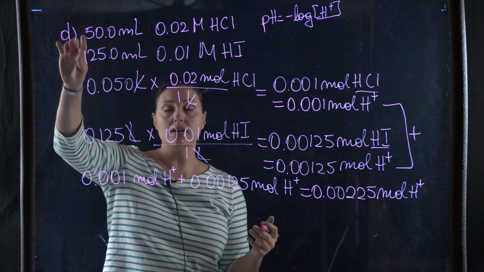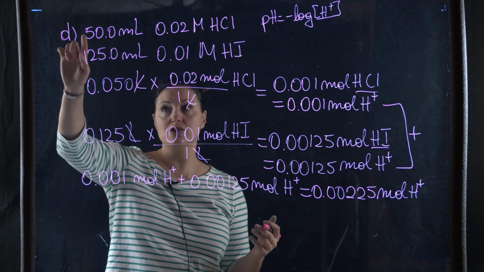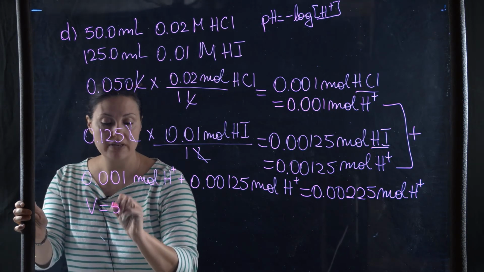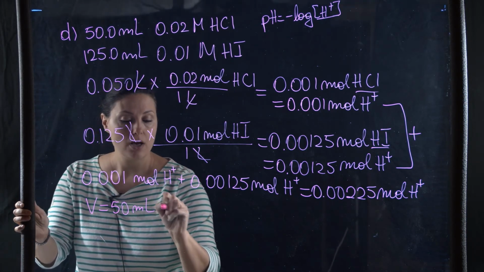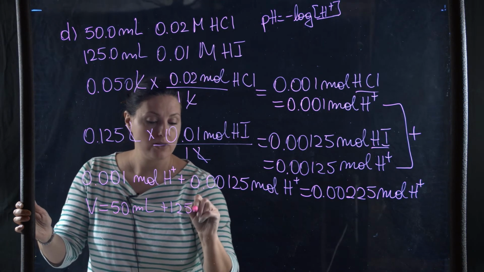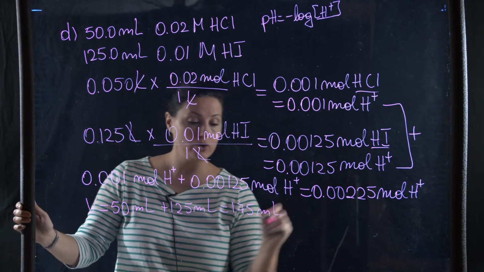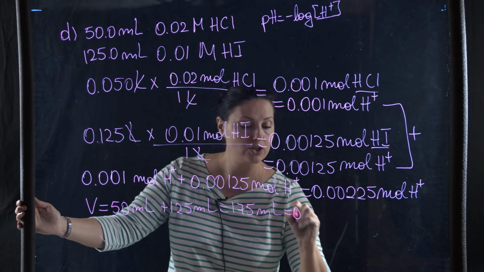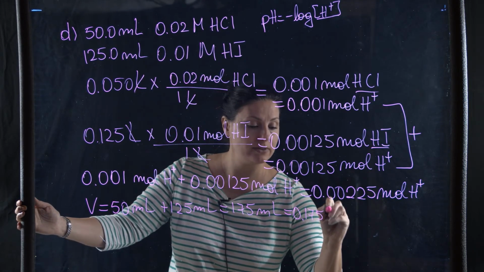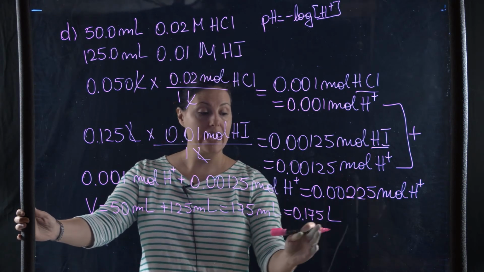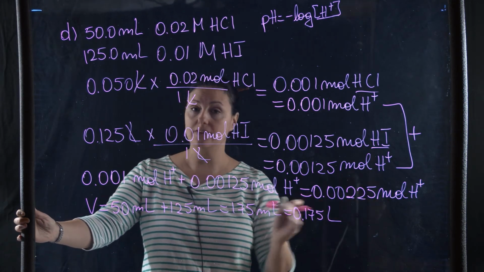It's going to be 50 milliliters plus 125 milliliters, giving me 175 milliliters total, or a volume of 0.175 liters.